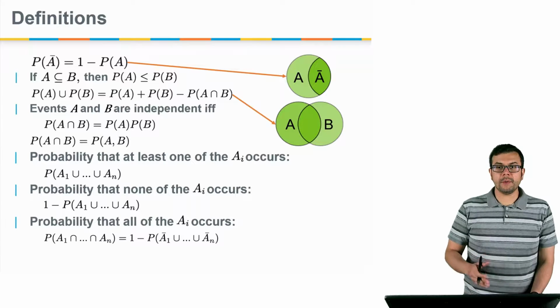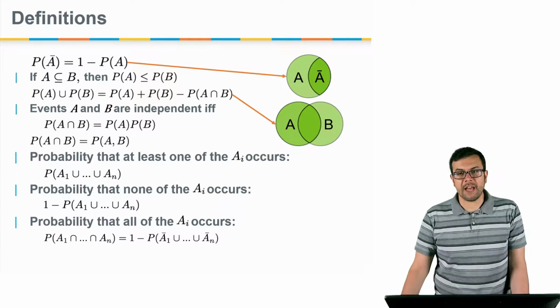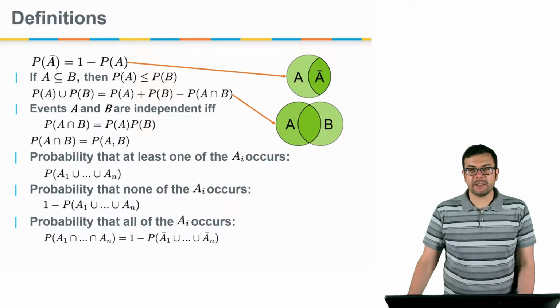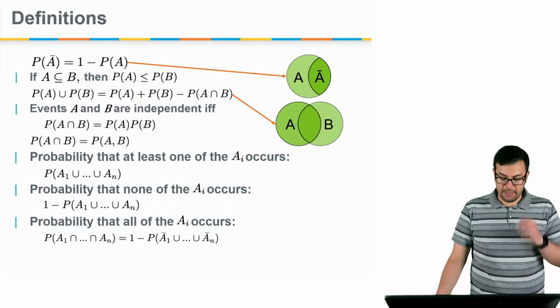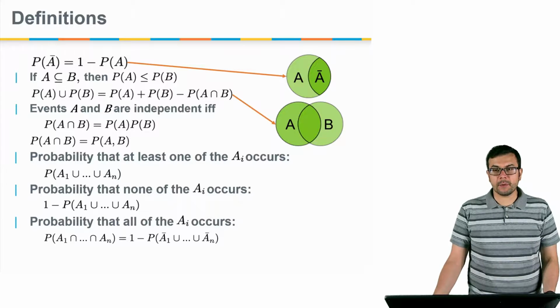Simply, the probability of an event not happening is 1 minus the probability of the event happening. This means that the sum of all the probabilities should be 1. If an event is a subset of another event, the probability of that event should be lower than the probability of the main event.